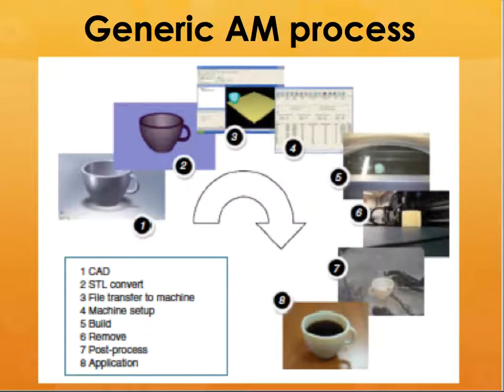So this one shows you the generic AM process. For example, step one is CAD modeling. Then you convert that to a set of slices in the second step. Then you transfer that file to the machine interface.